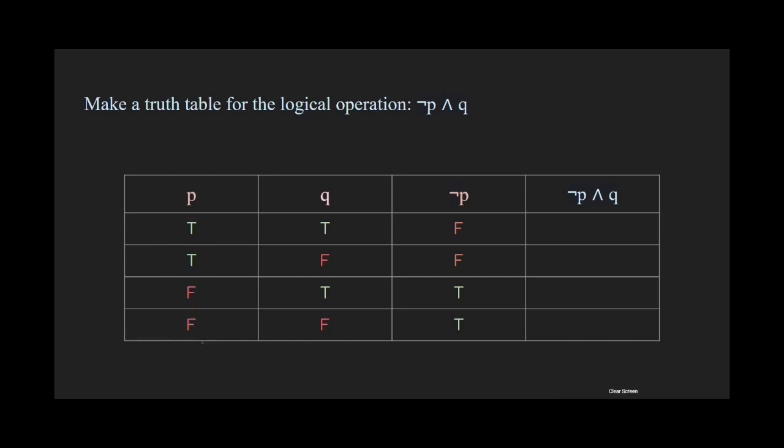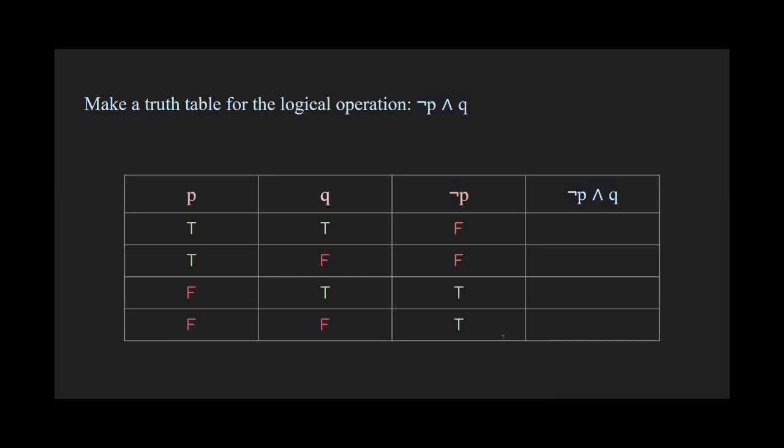Just make a column for the negation. You're bound to make a mistake by accidentally using the actual truth value, and you're going to get a completely different result. It doesn't hurt to make an extra negation column for a proposition. I even once saw my professor make that mistake, so just make sure not to make it.